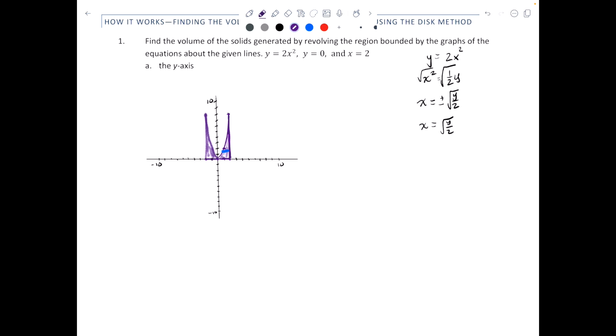All right, and then of course it revolves, right? So you're revolving about this axis here. And so, oops, purple.